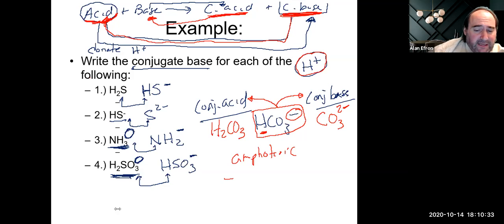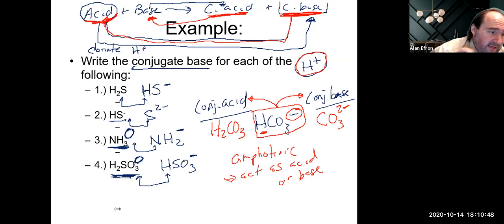It's a substance that can act as an acid or a base. Something with the H and a charge typically has the ability to do that. Water, as we will see, also has the ability to act as an acid or a base.